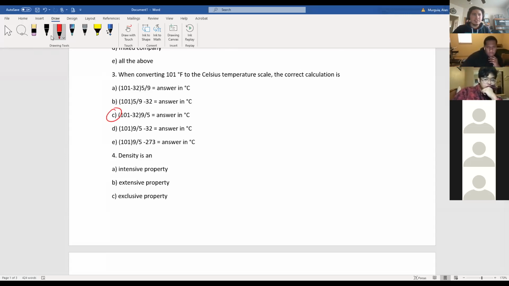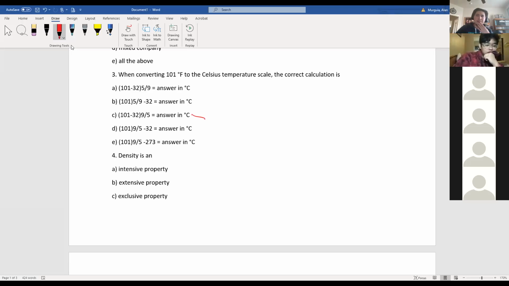So what do you guys think, it's C to start off with? Because of the 9/5? You guys are on track with the 5 and the 9, but you're only half right. It's something different there.